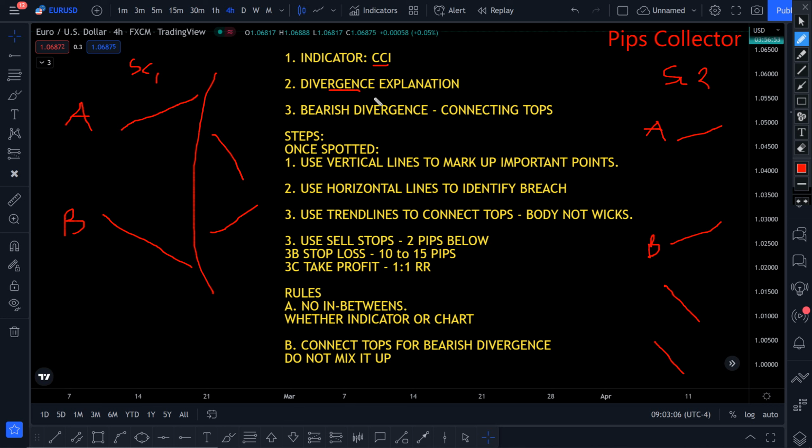Divergence implies that there is some disagreement between the direction the chart is moving and the direction the indicator is moving. In this particular scenario, I'll be explaining the bearish divergence.